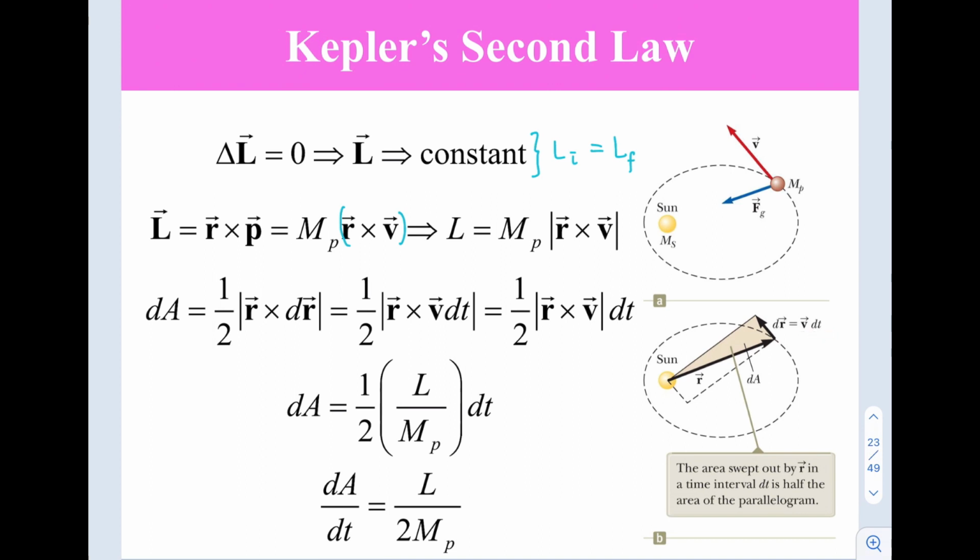The area swept out by r in a time interval dt is half the area of the parallelogram here.